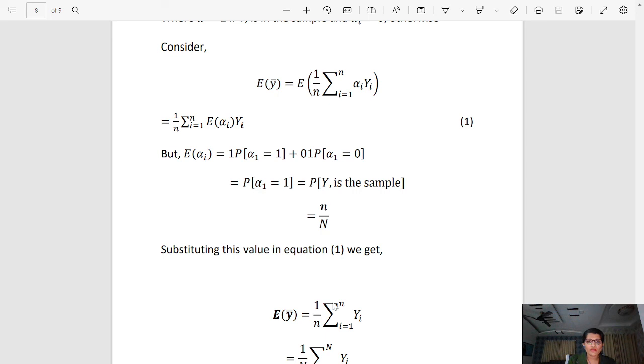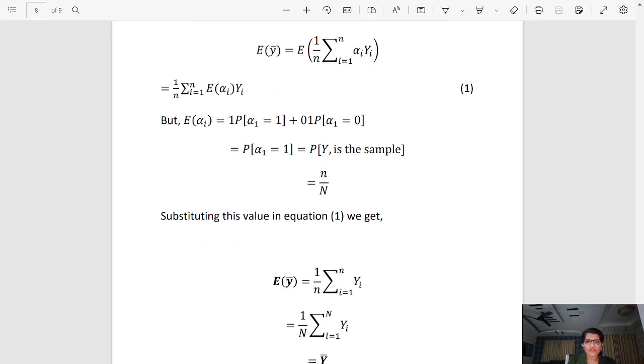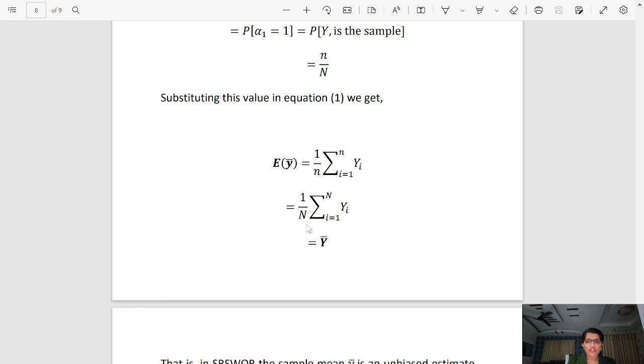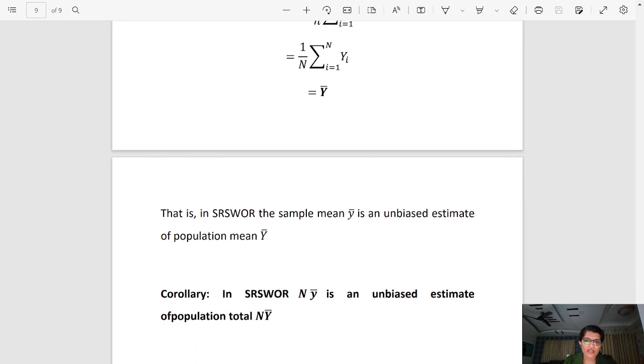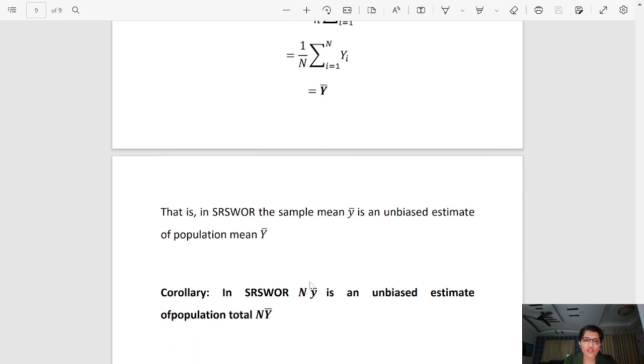So with this simplification we get 1 upon N into summation of Yi is equal to Y bar, that is, in SRSWOR the sample mean y bar is an unbiased estimate of the population mean capital Y bar. And for this result, the second corollary is, in SRSWOR, N into y bar is an unbiased estimate of the population total N into capital Y bar. Thank you.